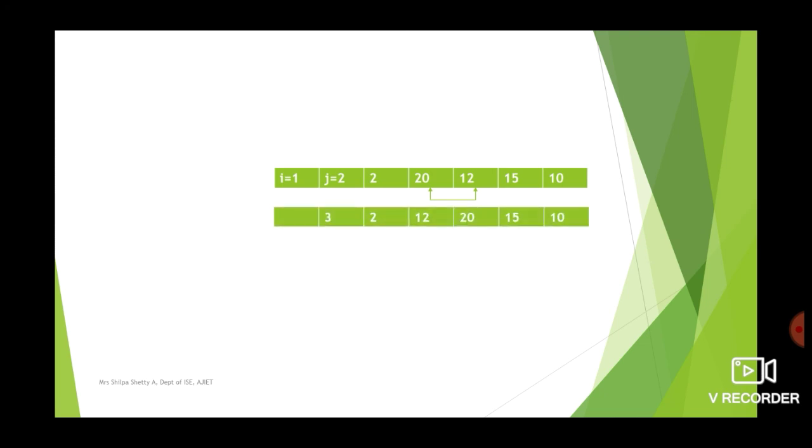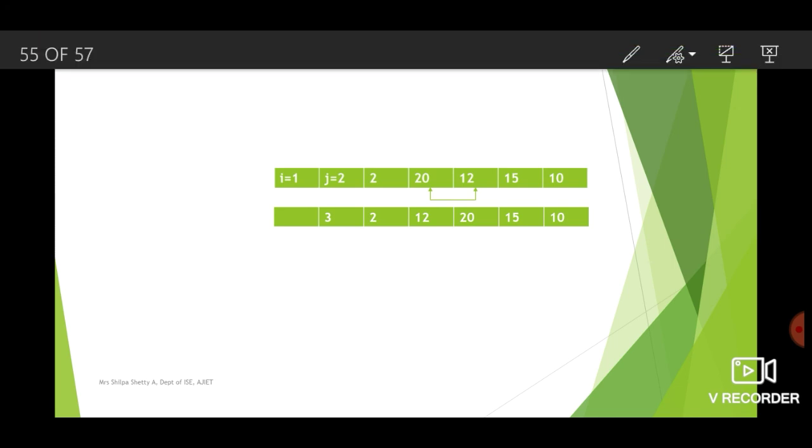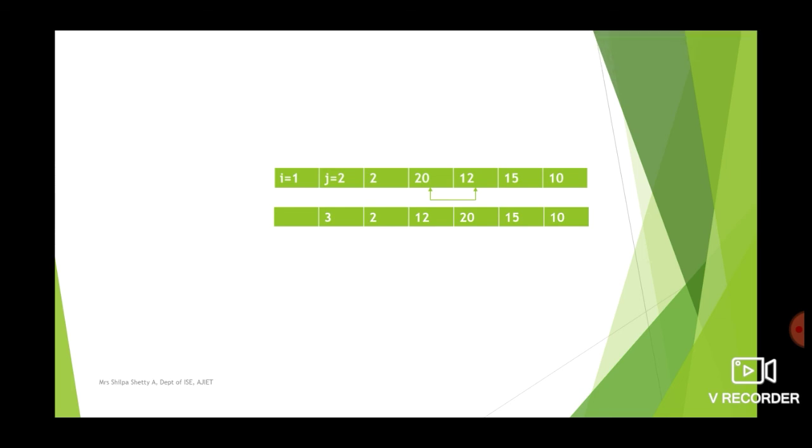So the elements of the array will be now 2, 12, 20, 15 and 10. In the next iteration, 12 and 15 will get compared, and because 12 is smaller than 15, there would not be any change in the position of elements in the array, that is there won't be any swapping.